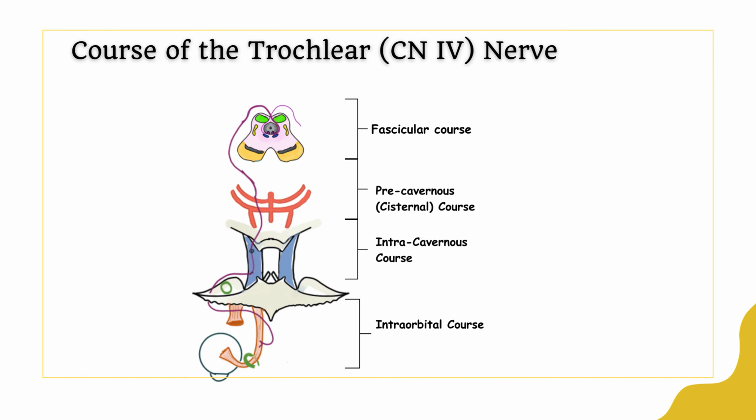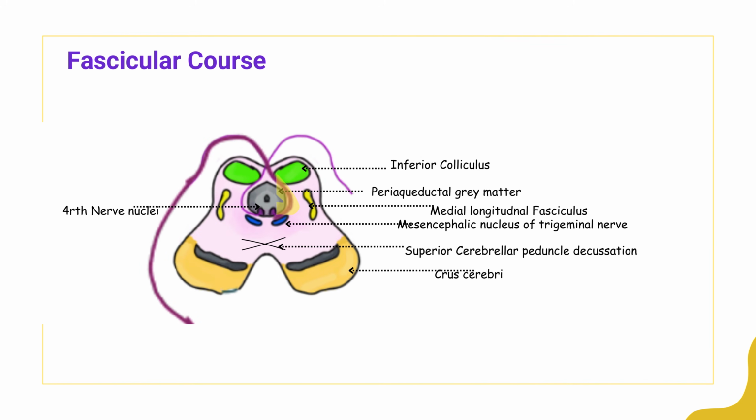Let's discuss the course of the trochlear nerve. The trochlear nerve has four main parts: the fascicular part, the precavernous or cisternal course, the intracavernous part and the intraorbital part. Let's discuss the fascicular course.